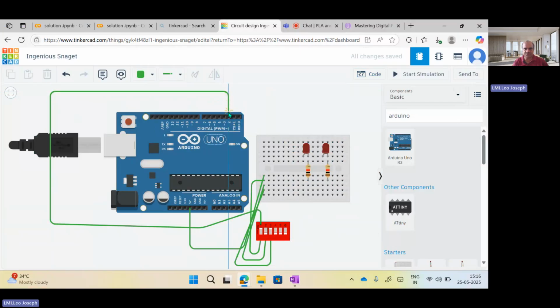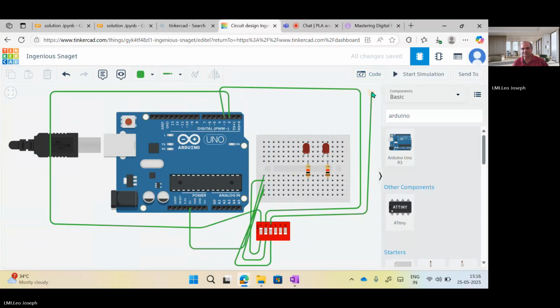To avoid confusion, I am taking this long route. The second pin is the B pin. I am taking it here and then connecting it to the third pin. 2, 3, 4 we connected now. And from the third pin, I am taking one wire and connecting it to the C pin.